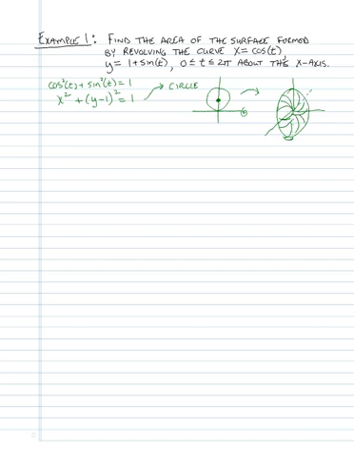So if we think about that circle being rotated about the x-axis, then it looks kind of like, if you will, a sausage that we've connected the two ends of, but we've done it really tightly.